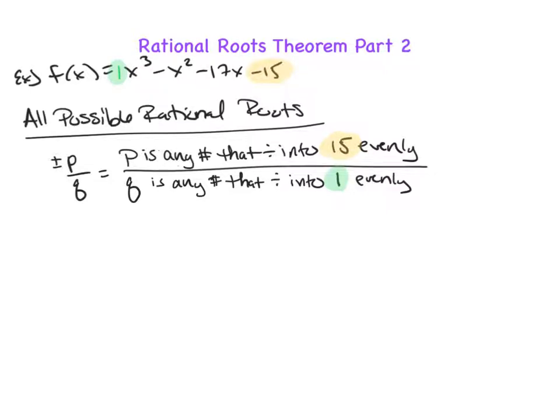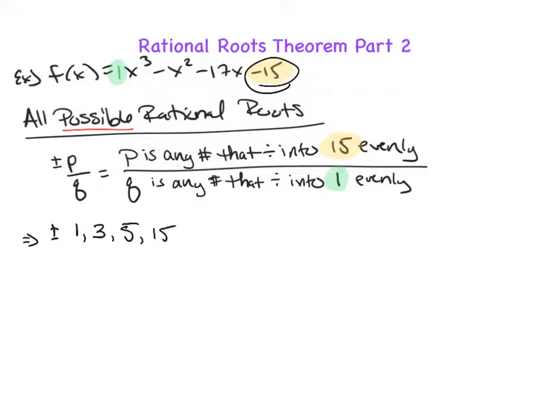So here's what that means for this problem. An important word here, by the way, is the word possible. All of our possible rational roots or rational zeros would be of the form plus or minus, let's see, what goes into 15? 1 certainly goes into 15. 3 goes into 15. 5 goes into 15. And 15 goes into 15.